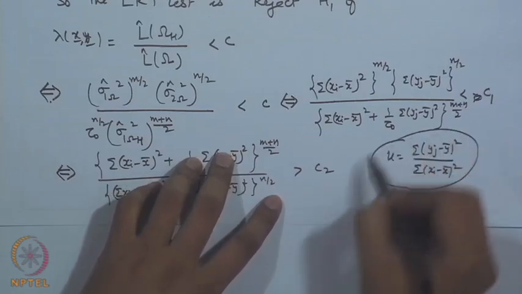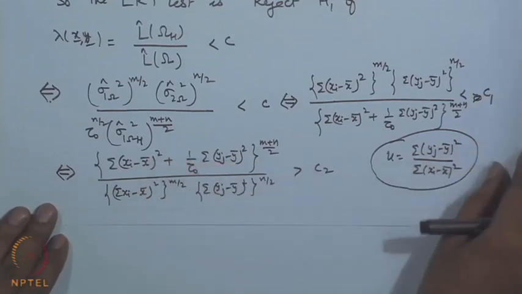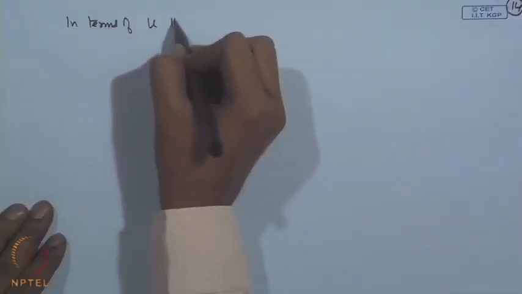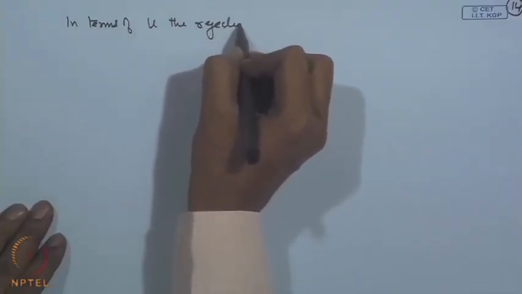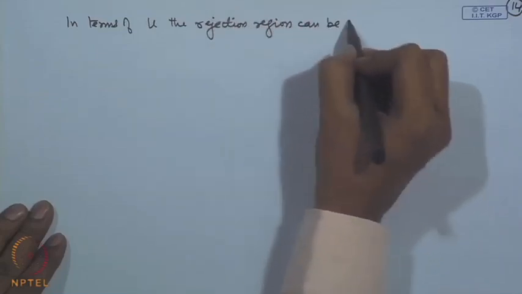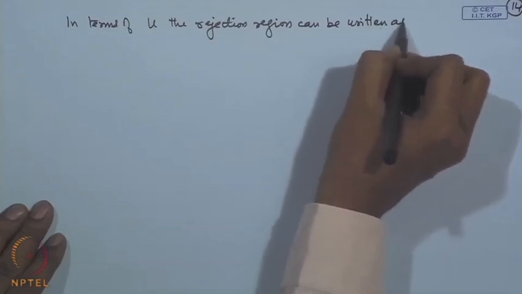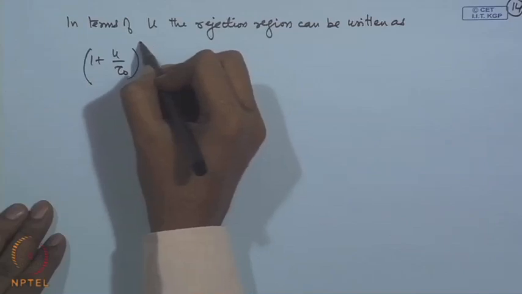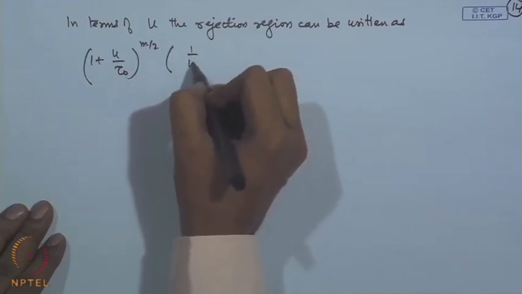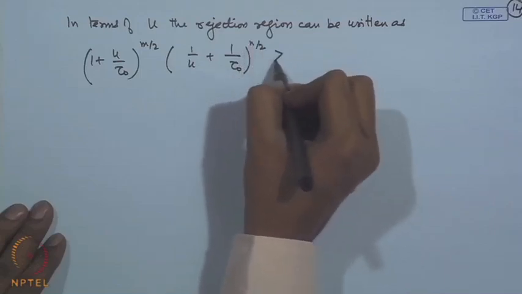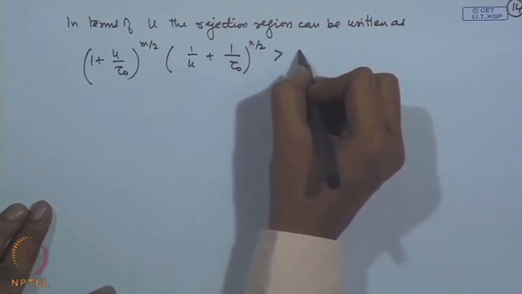In terms of this ratio, this condition can be written, in terms of u, the rejection region can be written as (1 plus u by tau naught) to the power m by 2, (1 by u plus 1 by tau naught) to the power n by 2, greater than say C 2.